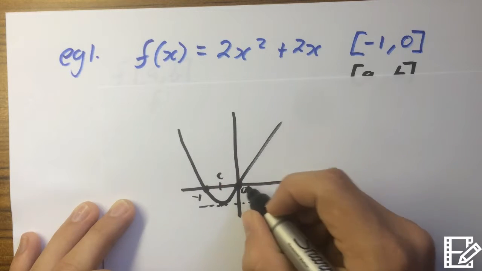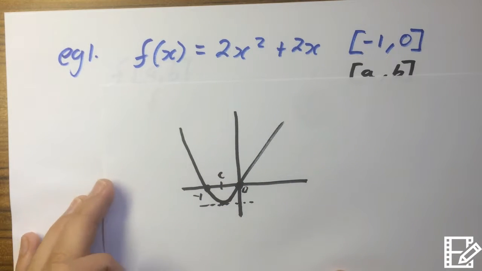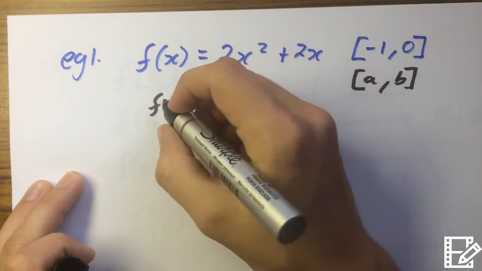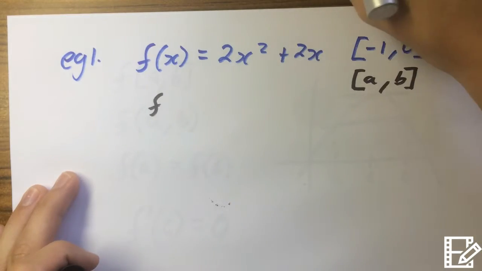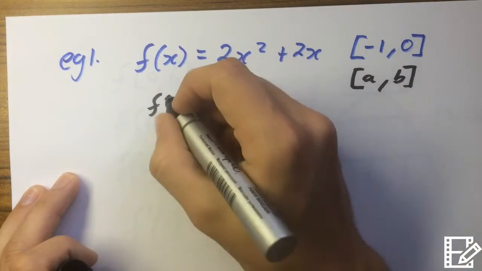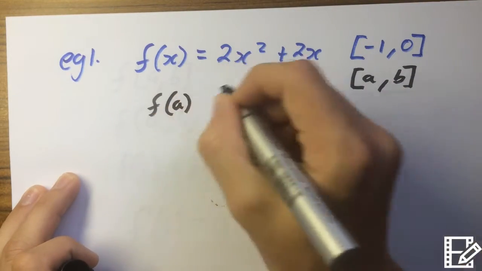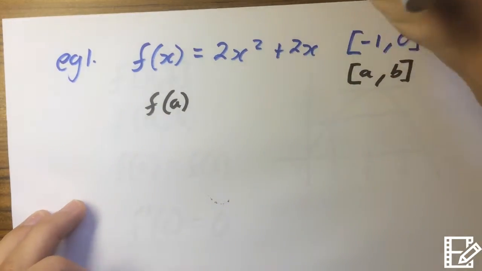That's -1 and that's 0, and it'll be roughly -0.5. Anyway, in this case, yes, if the conditions are met. Now we need to find if the conditions are met.